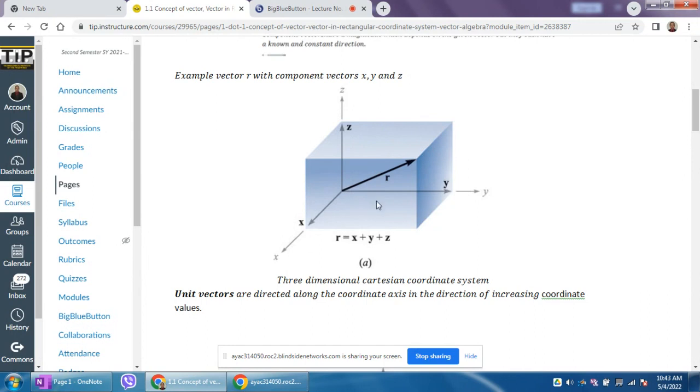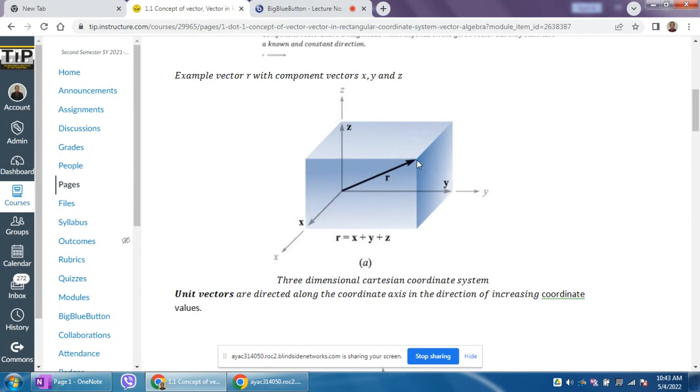Ito pong nasa ilalim. X and Z produces an XZ plane, and then the YZ plane produces another plane. Now, if we will complete the box, so this is an enclosed box, we will produce a rectangular parallelepiped.